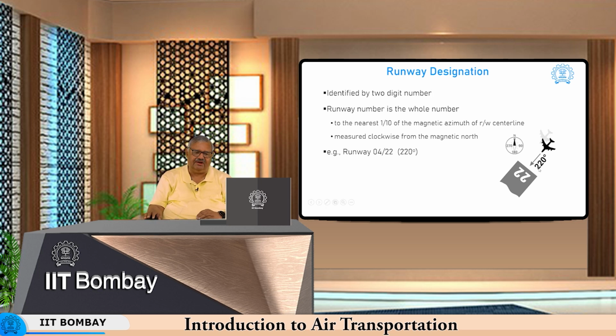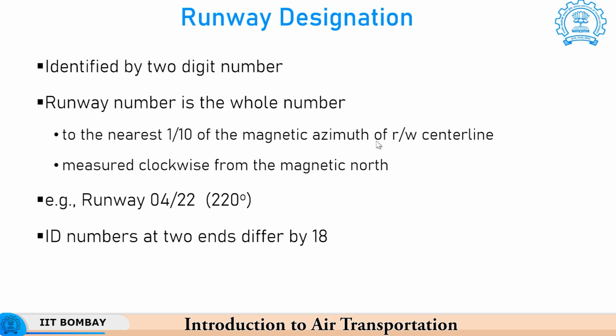So, that will be called 04. Okay. So, you will notice that each runway will have 2 numbers, one at each end. This one is called 04/22, and these 2 numbers will always differ by 18, because 18 means 180 degrees, and you know that the 2 directions of a line are separated by 180 degrees.